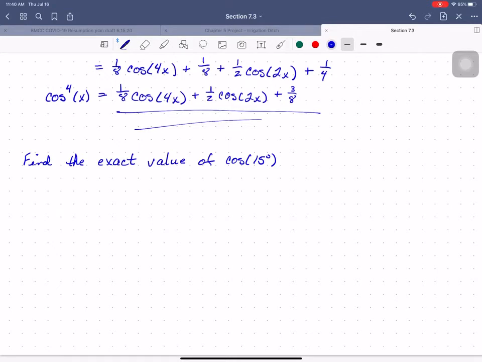Well, 15 degrees isn't one of my unit circle values. So what am I going to do? Well, 15 degrees is equal to 30 degrees divided by 2. So the cosine of 15 degrees is equal to the cosine of 30 degrees over 2, and I'm going to apply this half angle formula.